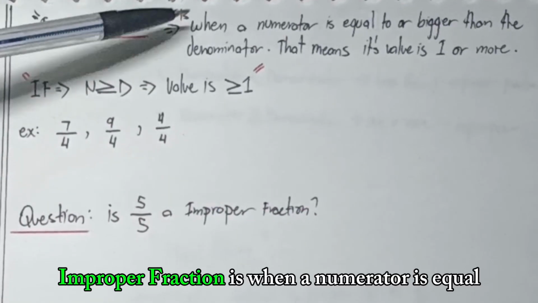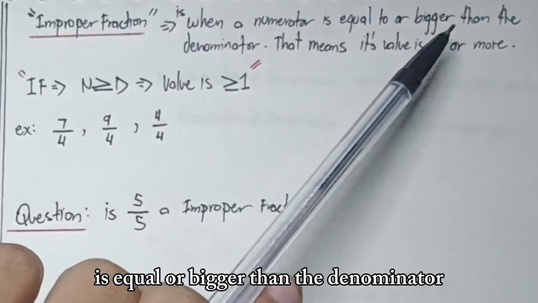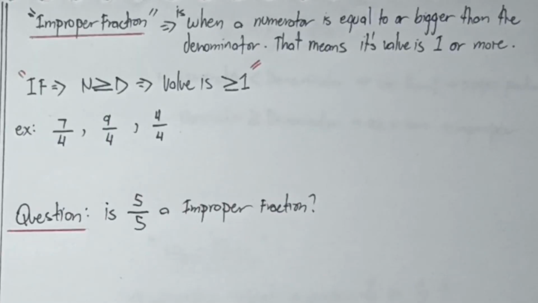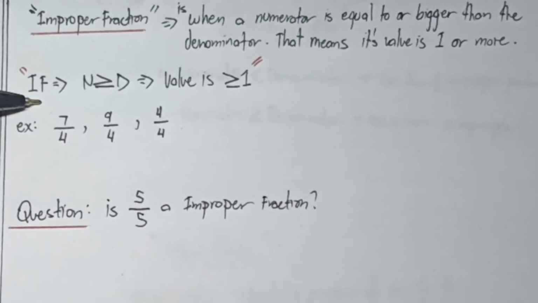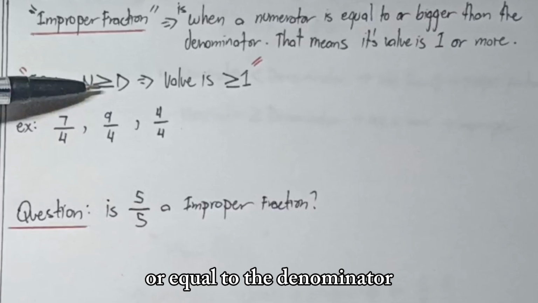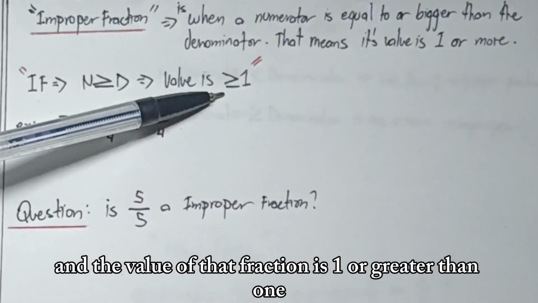An improper fraction is when the numerator is equal to or bigger than the denominator. That means its value is 1 or more. Now, this is the statement. An improper fraction is when the numerator is greater than or equal to the denominator, and the value of that fraction is 1 or greater than 1.